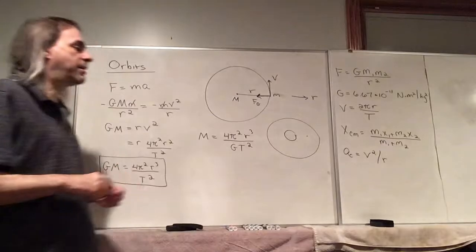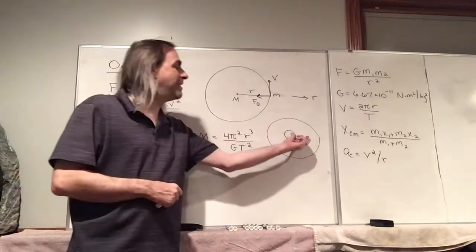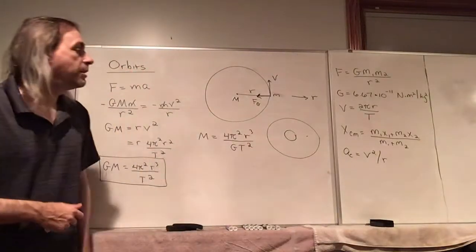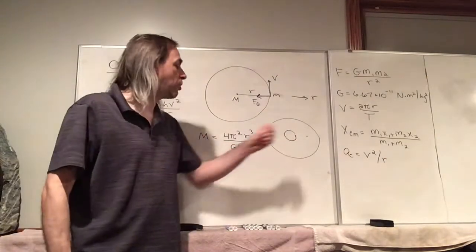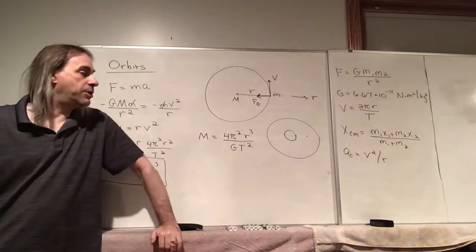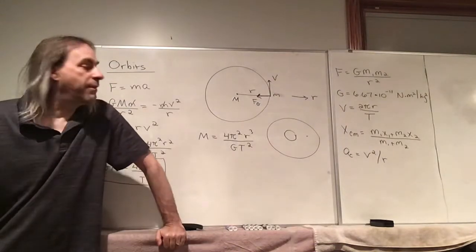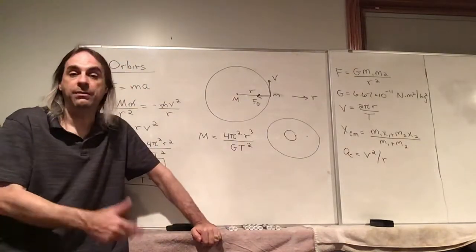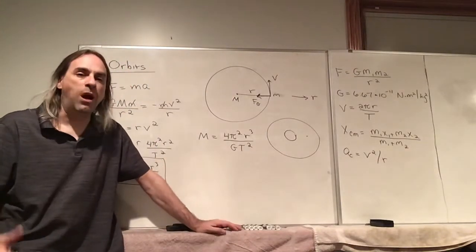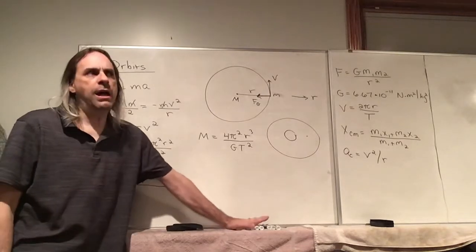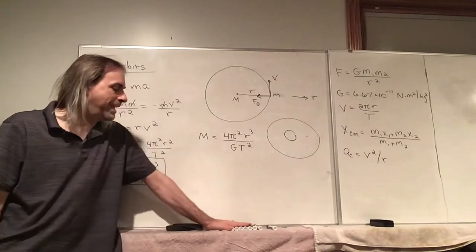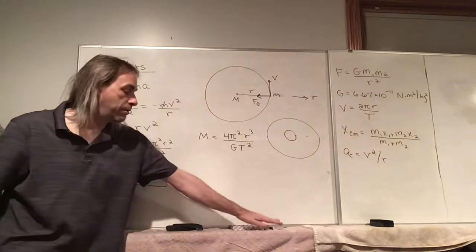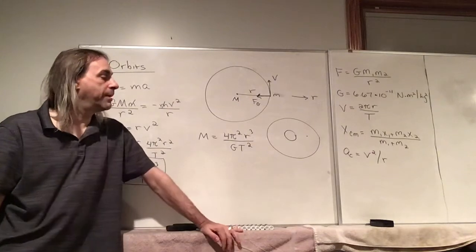And so once you determine the distance you get r, and just by repeated observations over a long period of time, you can determine the period, and so we know the mass of Jupiter. This is basically how we know the masses of objects that we can't directly access, just by watching things orbit them. Now, we would probably want to be a little bit careful applying this to the Earth, because we know the moon is orbiting the Earth, and so we can use that to determine the mass of the Earth.